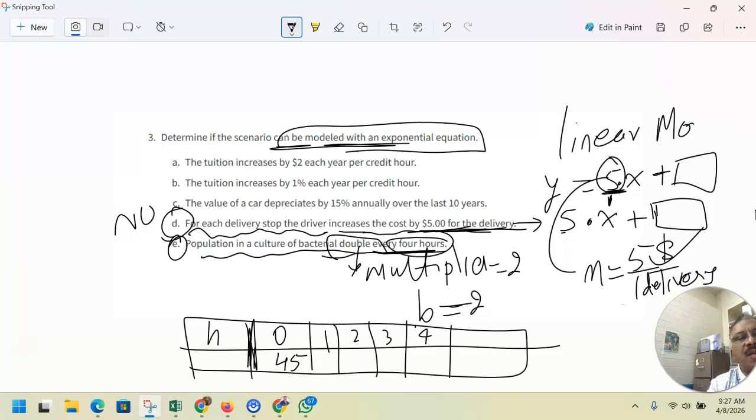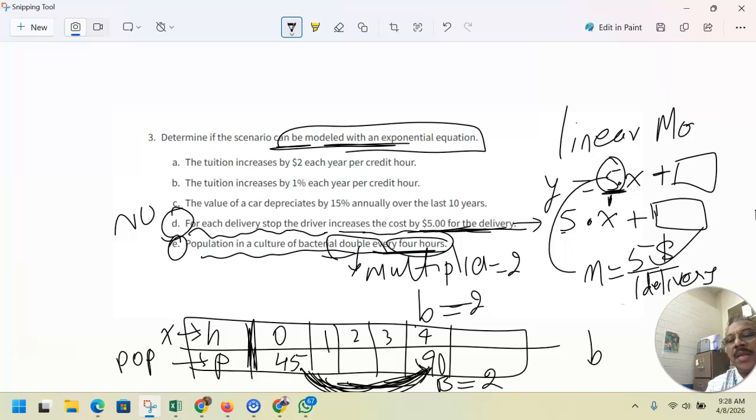Now what's happening is, in every 4 hours, I can put H or X as the number of hours, and this is the population of bacteria, P. So we can think of 45 doubling to 90. So there is a multiplier here, it doubles. I'll use this as B equals 2.